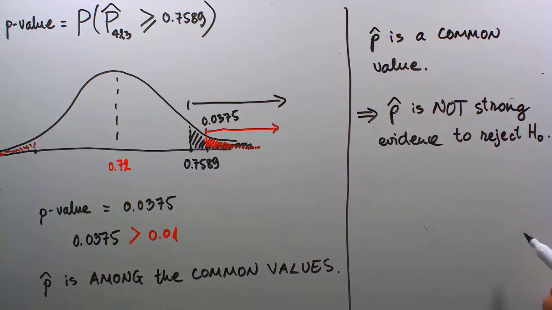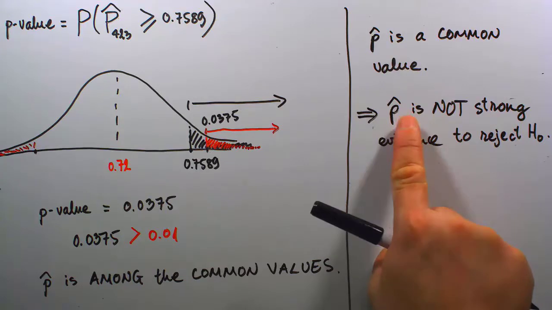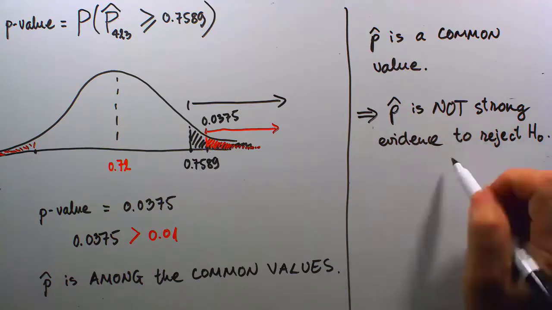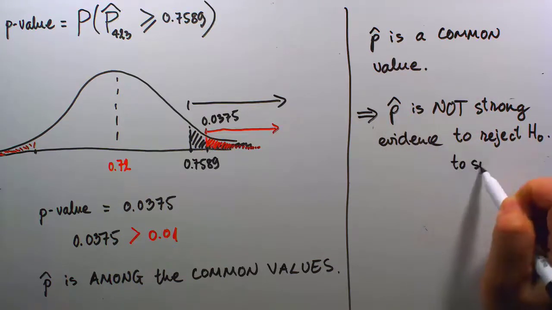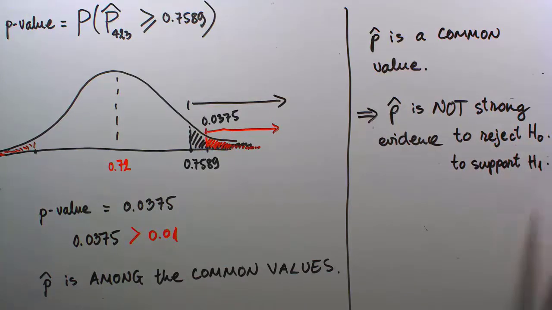That's one way of saying that, or our final conclusion can state that p hat is not strong evidence to support H1.